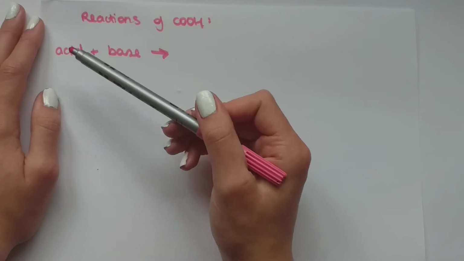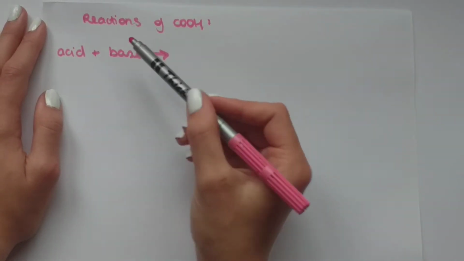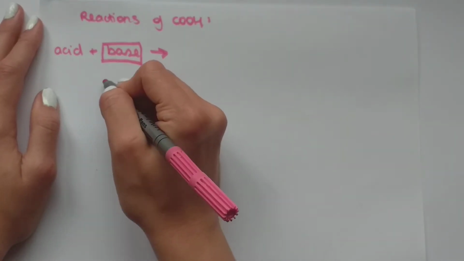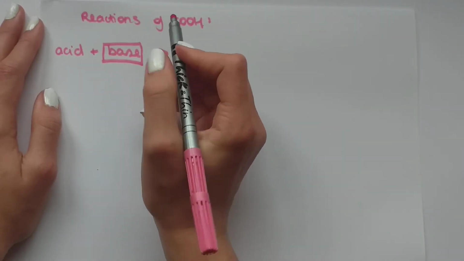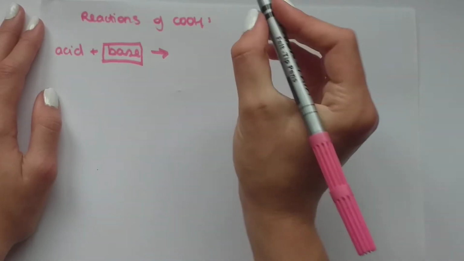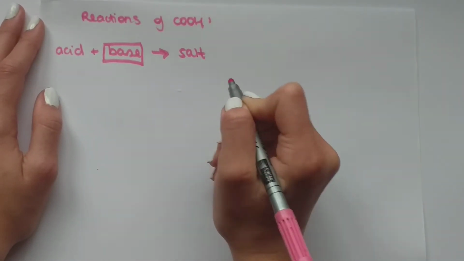If you mix an acid with some kind of a base, and by base I mean that some solutions are acidic, some solutions are basic. So we're going to look at the basic solution, base. After you mix these two, you're going to form a salt.